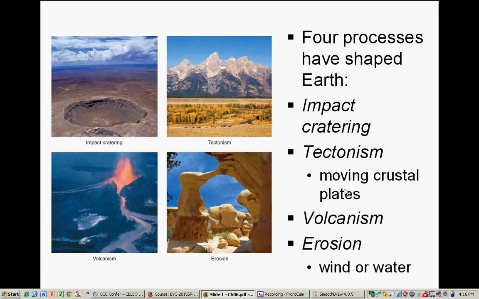Our planet Earth is primarily controlled by tectonism, which helps create volcanoes, earthquakes, and hotspots. Erosion is primarily controlled by our hydrological cycle and by the existence of an atmosphere.